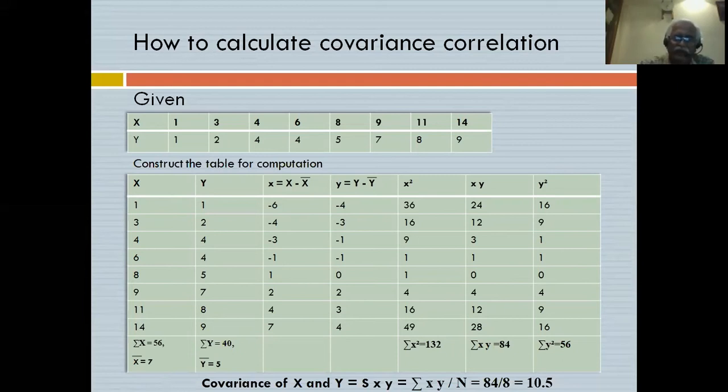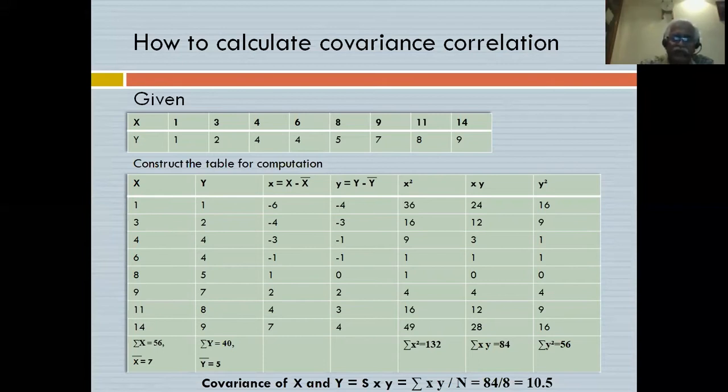So first you will place these values in x and y, the two variables. Find the sum of x and the sum of y. The mean x bar is 7 and y bar is 5. Now we have to find the sum of squares. So the sum of squares is x minus x bar.